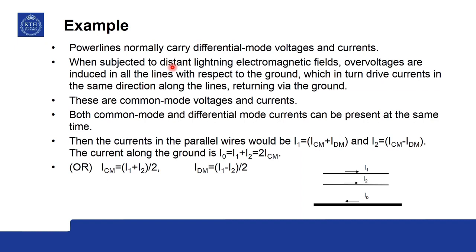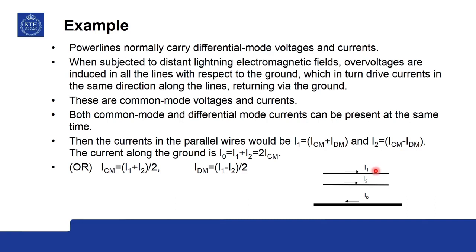So, why are common mode and differential mode currents important in terms of radiated disturbance? You can see it over here. Say for example, if there are currents in two parallel wires I1 and I2, then I1 is I common mode plus I differential mode, and I2 will be, since the differential mode direction is changing, I common mode minus I differential mode.